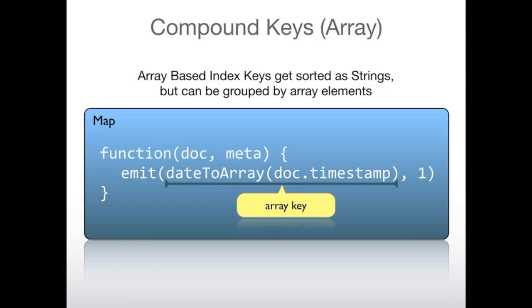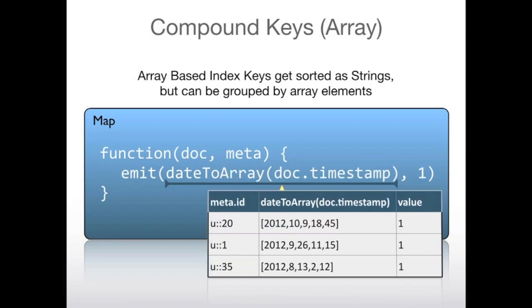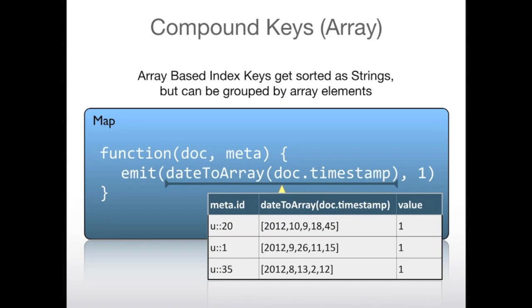So this is an array key. I'm taking basically the timestamp, and we actually added the date2array function to convert timestamp values to an array, and we're outputting for that row a 1. So we can do sort of a count. Count in our reduce.